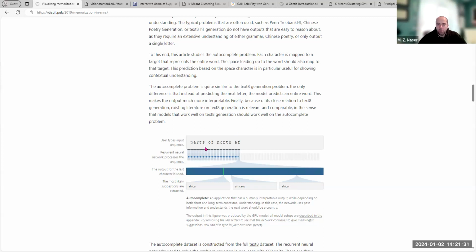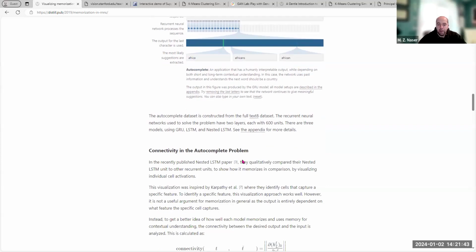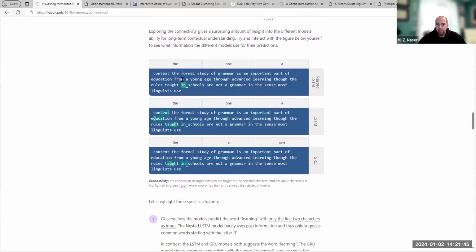So you could easily see once you start with P and A and R, then parts, and then the most logical next thing would be of something. And then here we're going to have to think about, is it Africa, Africans, African. There's a lot of cases here, like you can just highlight this context, start with C, because it's just one letter, right?